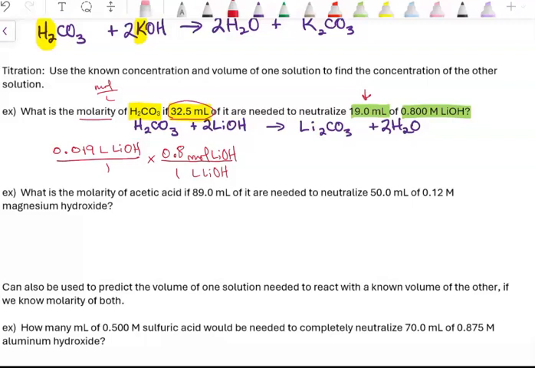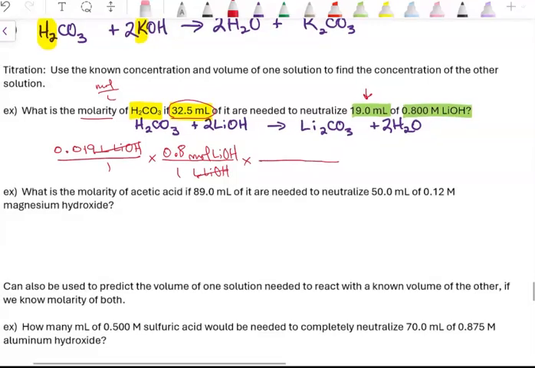So that's 0.8 moles per 1 liter. And then from moles of lithium hydroxide, I should be able to go to moles of my acid. So we have moles of H2CO3 on top. And this, according to my balanced equation, was a 1:2 ratio. So if I calculate my moles, okay, so that should give me my moles of H2CO3 is 0.0076.